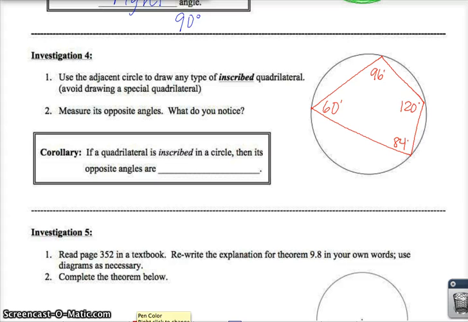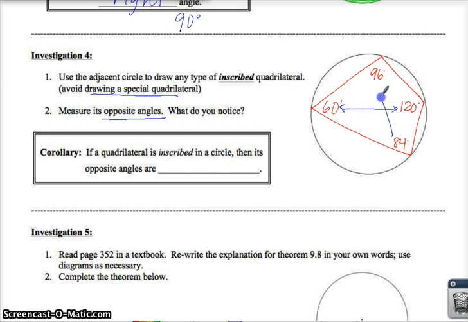Okay, so you should have done the activity. You could have drawn any type of quadrilateral in here, hoping you wouldn't draw a special quadrilateral, meaning no isosceles trapezoid or square, something like that. So here I have a quadrilateral. My angles are all different. But this says measure the opposite angles.